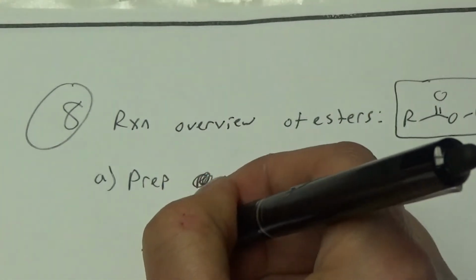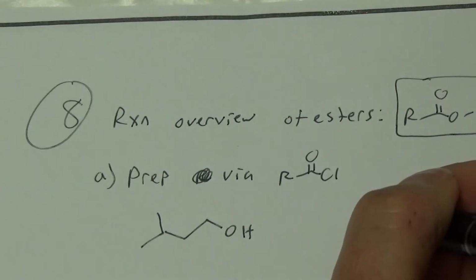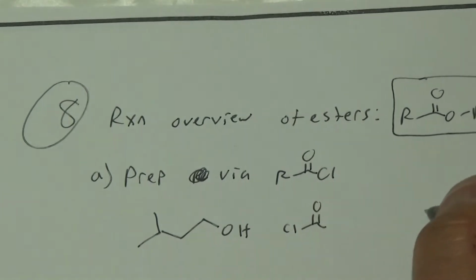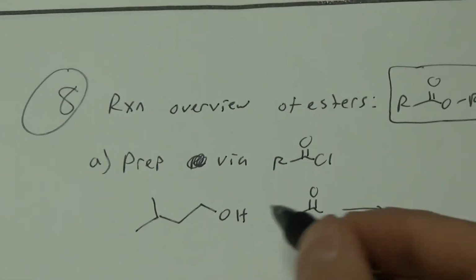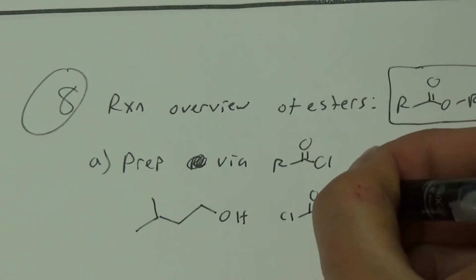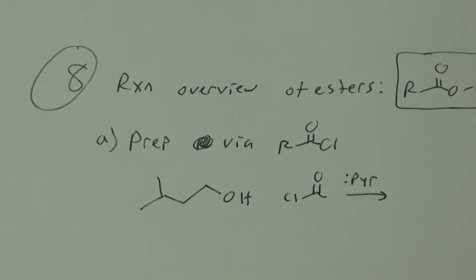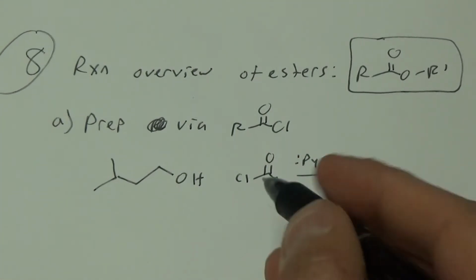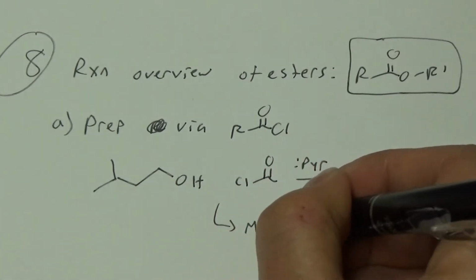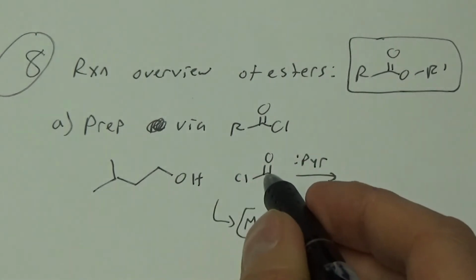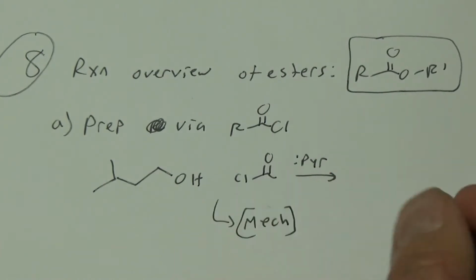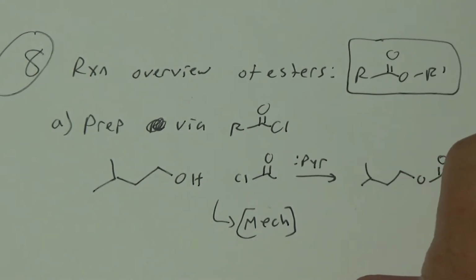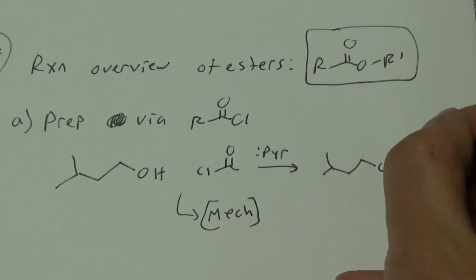So for example, if I have an alcohol and I react this with acid chloride, maybe add a little pyridine right here, base. What is the ester that forms? Well, you know the mechanism, I'm not going to do it. But of course the alcohol first attacks, and then the base takes off the proton, and then you make an ester. There we go, there's our ester.